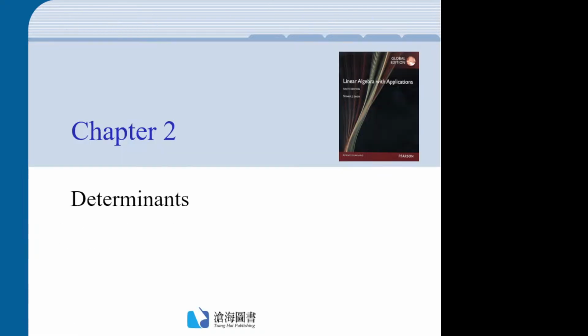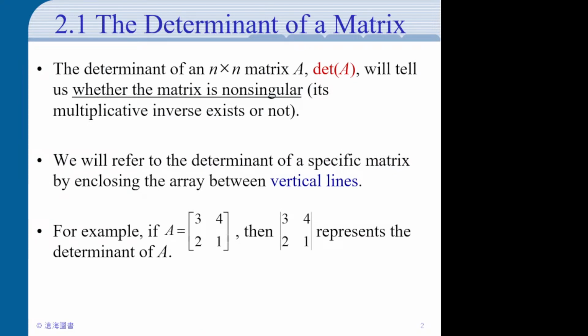Chapter 2 is determinants, and I think you probably learned a bit of this in high school also. But anyway, we'll do it from the definition again. So what's a determinant? We didn't actually say, but it's a number. It's a function you can calculate on an n by n matrix. It's only defined on n by n matrices, it's called, obviously, the determinant, and we use this notation det. It's a number.